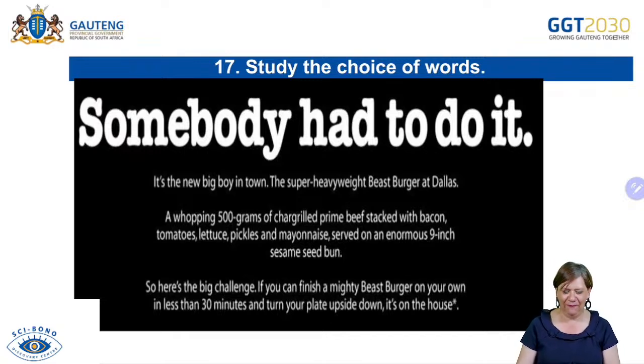A whopping 500 grams of char-grilled prime beef stacked with bacon, tomatoes, lettuce, pickles, and mayonnaise, served on an enormous 9-inch sesame seed bun. So here's the big challenge. If you can finish a mighty beast burger on your own in less than 30 minutes and turn your plate upside down, it's on the house.